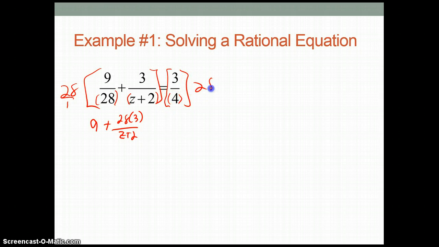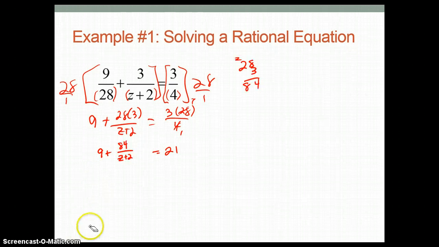And then over here, I multiplied by 28 over 1, so I have 3 times 28, and then that's all over 4. Okay, at this point, I can cancel these out, and this becomes 21 on the right side. And now I'm just going to go ahead and rewrite this, and doing some quick simplification, here's what I have.